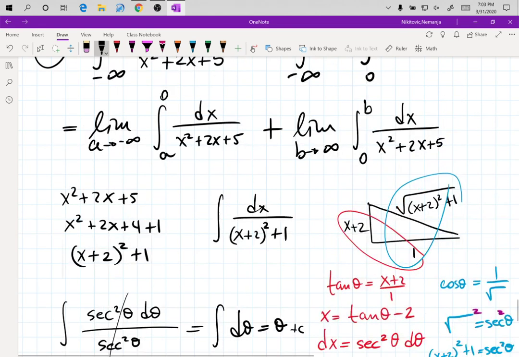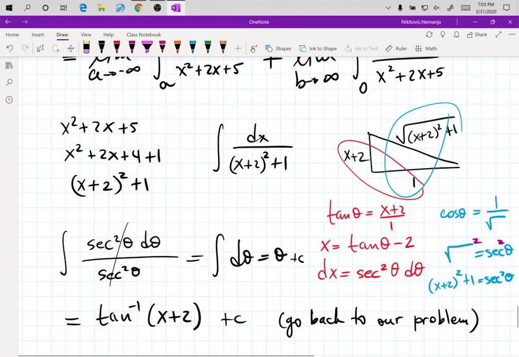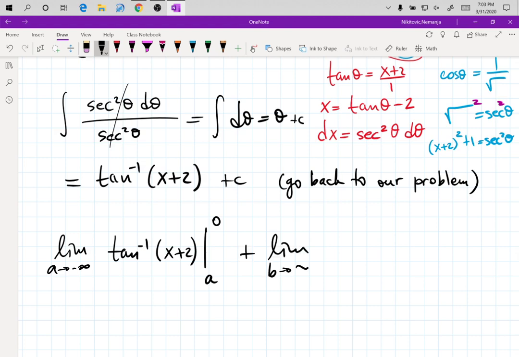I forgot what it is. Here it is. So this part, right, where every integral will be replaced with inverse tangent. So limit a goes to negative infinity of inverse tangent of x plus 2 from a to 0, plus limit b goes to infinity of inverse tangent of x plus 2 from 0 to b.